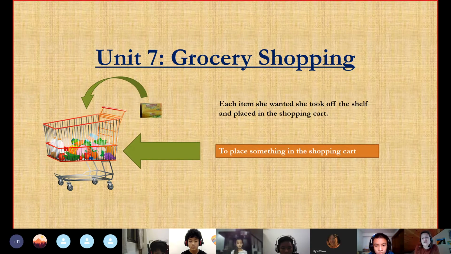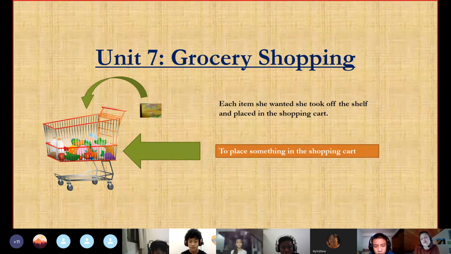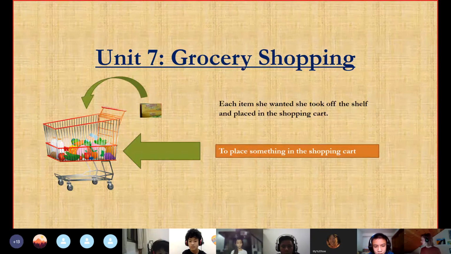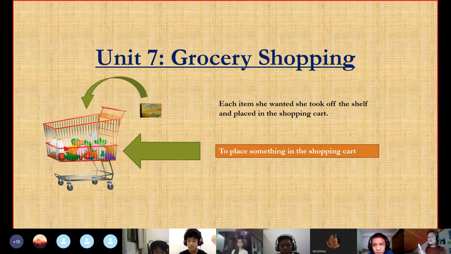Bruce, can you think of a different word that means the same? So a different word for to place. To take. So to take would be, let me see, if I would take this, so I take it. Okay, but then I place it in the shopping cart.